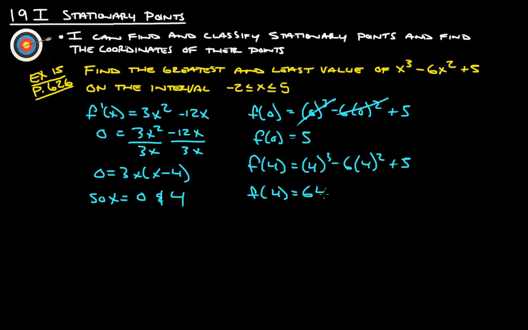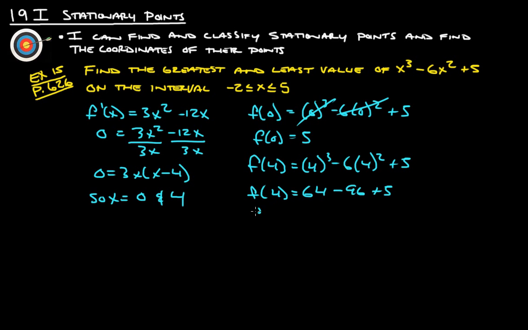So that's 64. 4 squared is 16. 16 times -6 gives us -96.